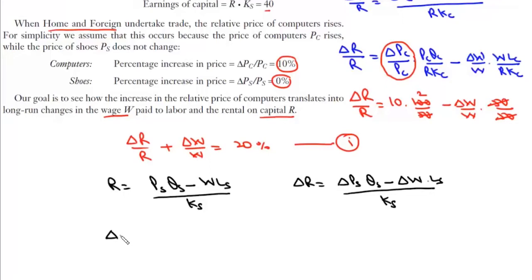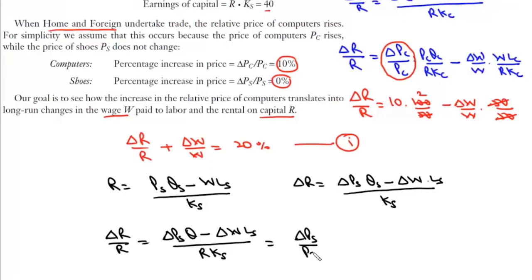So we can write delta R upon R will be equal to delta PS into QS minus delta W LS, upon R into KS, and we can split this as delta PS upon PS into PSQS upon RKS minus delta W upon W into WLS upon RKS.